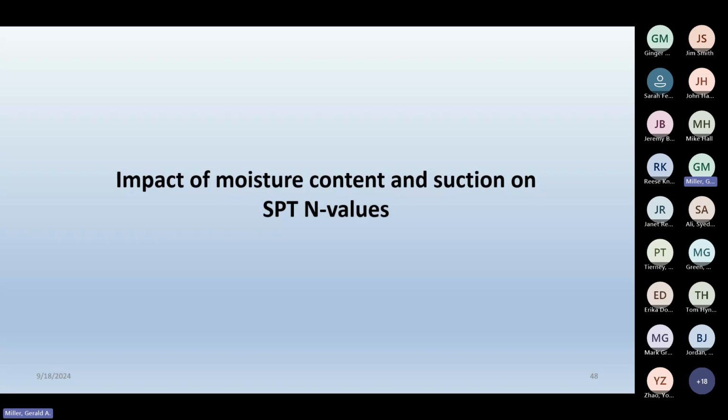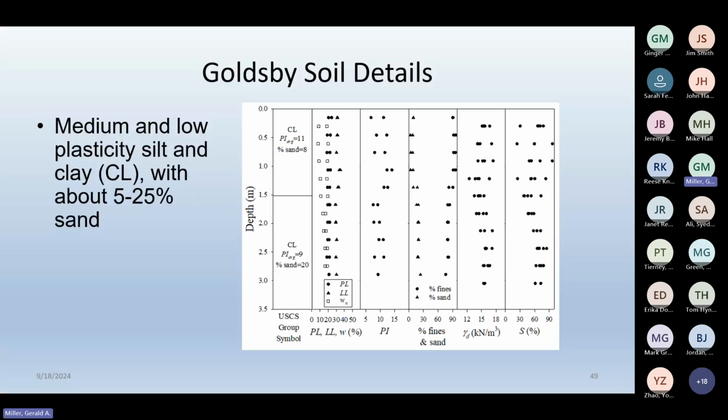First, we'll talk about the impact of moisture content and suction on SPT N values. And so I'm going to start by showing you data from a couple of test sites where we've done a fair amount of work. And the first is what we call the Goldsby site, which is basically down off of I-35 near Goldsby, just so you have a sense of the soil profile that we were dealing with.